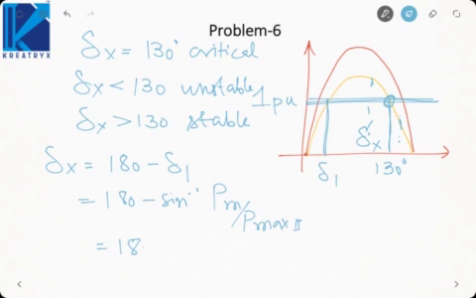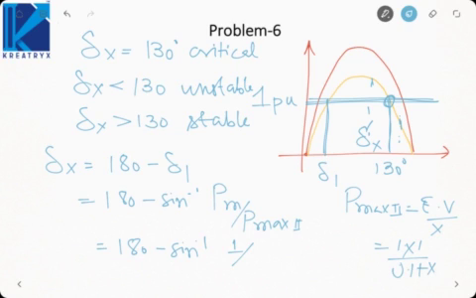That is 180 minus sine inverse, Pm is 1, Pmax2 is E into V by X, that is 1 into 1 by 0.1 plus X, and that will be 130.